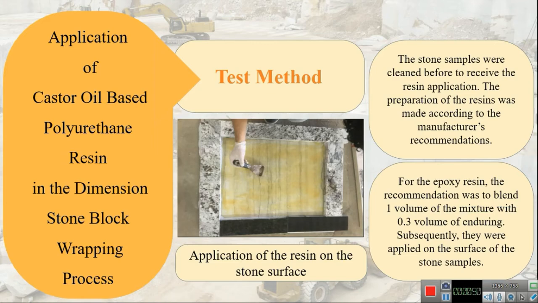For the epoxy resin, the recommendation was to blend 1 volume of mixture with 0.3 volume of hardener. Subsequently, they were applied on the surface of the sawn samples. There was a period of 48 hours for the curing process to take place completely before testing.